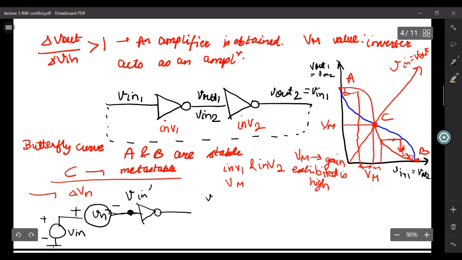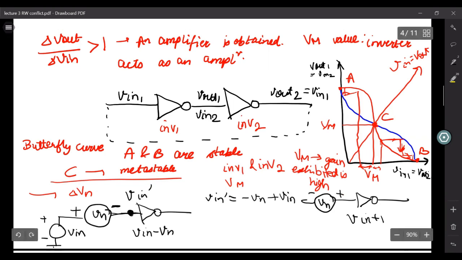So what exactly is this Vin dash? As a thumb rule, if the negative terminal of the noise is placed at the input terminal of the inverter, the effective voltage will be Vin minus Vn. Similarly, if the positive terminal of this noise is placed at the input of this inverter, then your effective voltage will be Vin plus Vn.